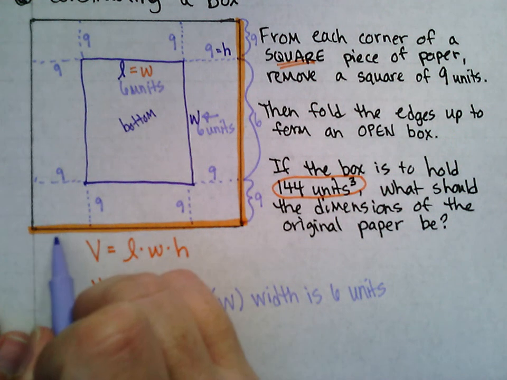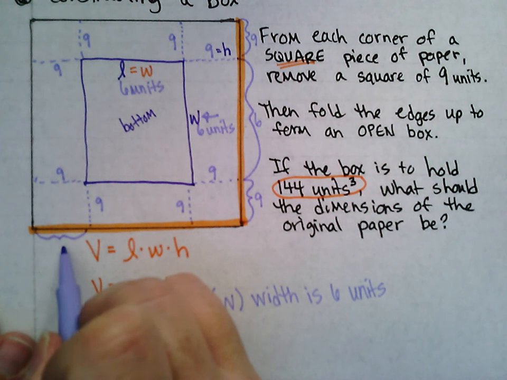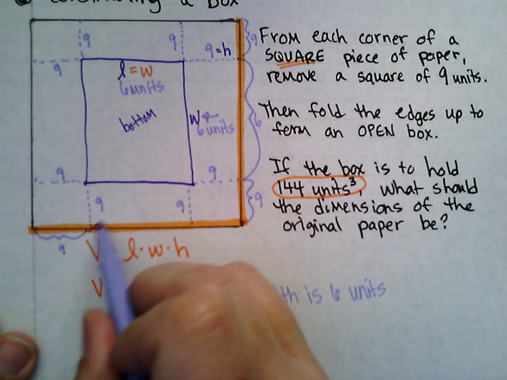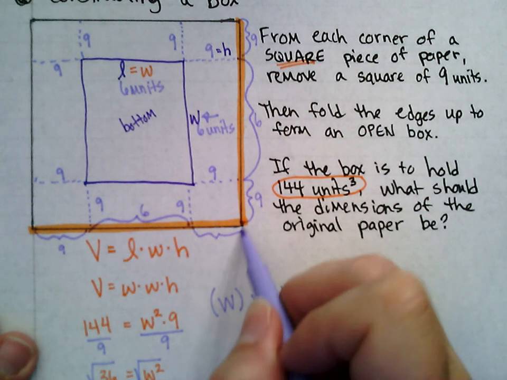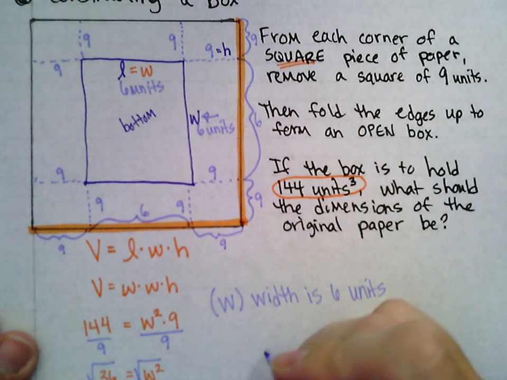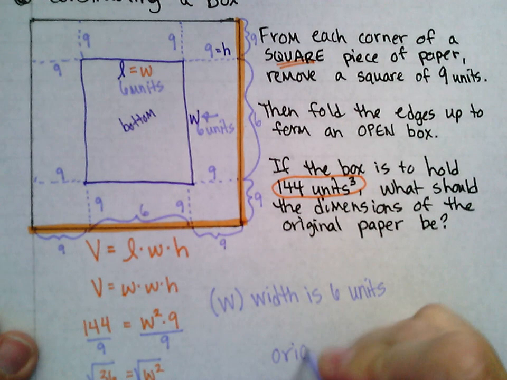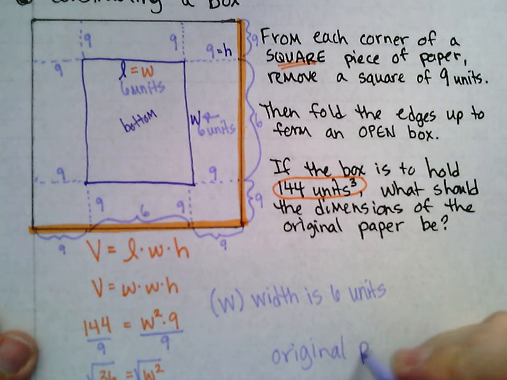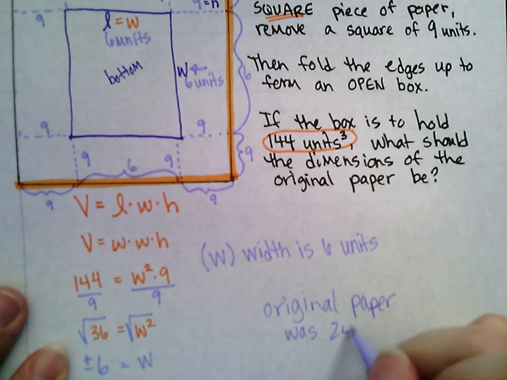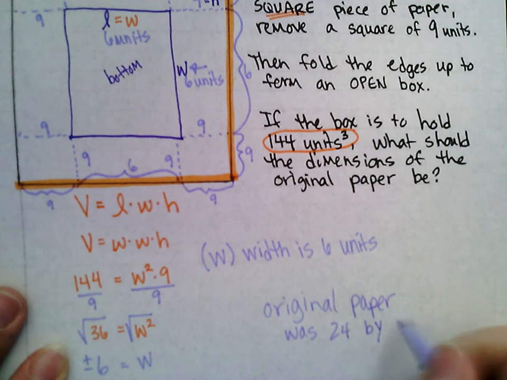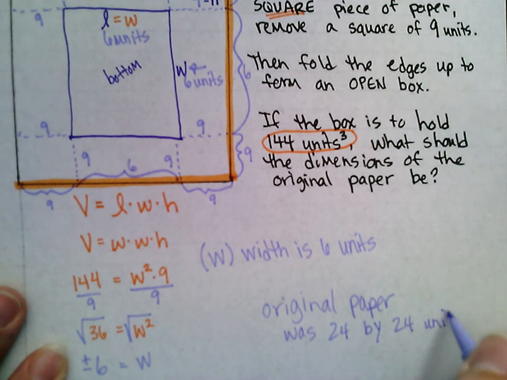And same thing down here. Here we have 9. Here we have 6. Here we have 9 again. So the original paper would have been 24 by 24 units, whatever those units are.